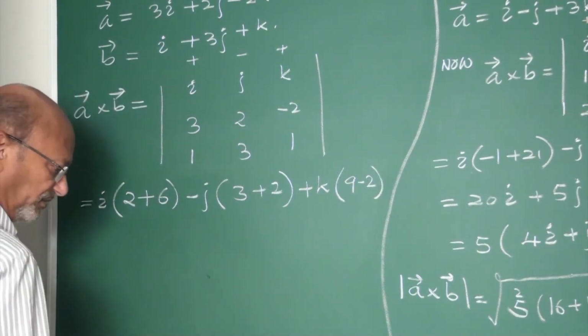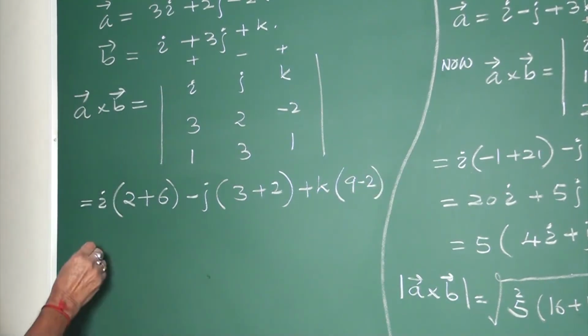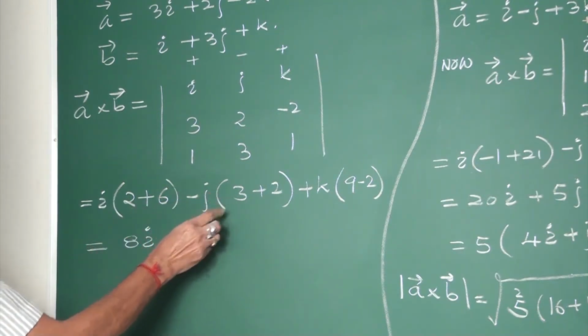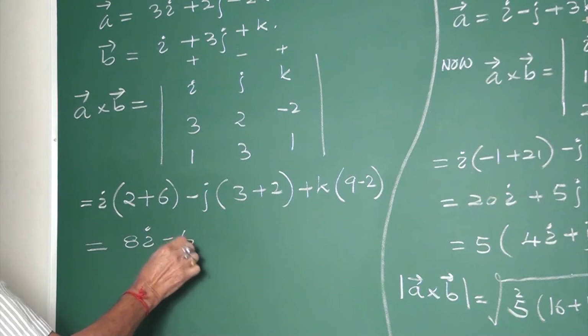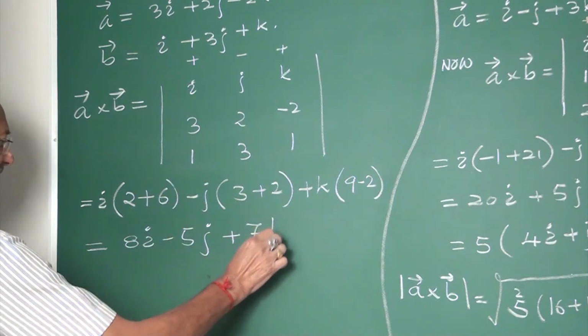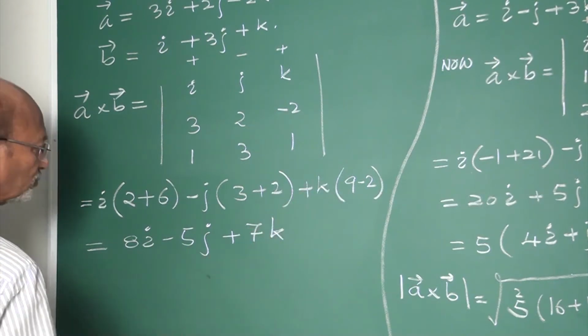Yes, friends, simplify it. This is 6 plus 2, 8. 3 plus 2, this is 5j. This is plus 7k, 9 minus 2.